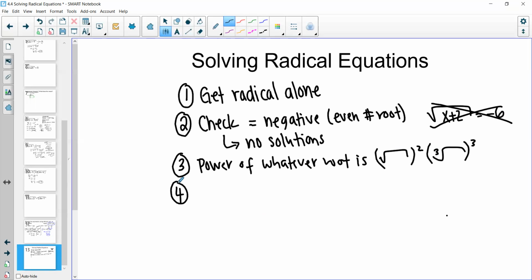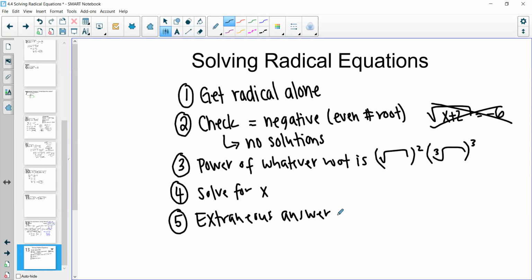And then the next thing we're going to do is solve for x, and that involves the adding and the subtracting and all those beautiful things. And then the very last thing that we want to do is check for those extraneous answers, those ones that pretend to exist but don't actually.